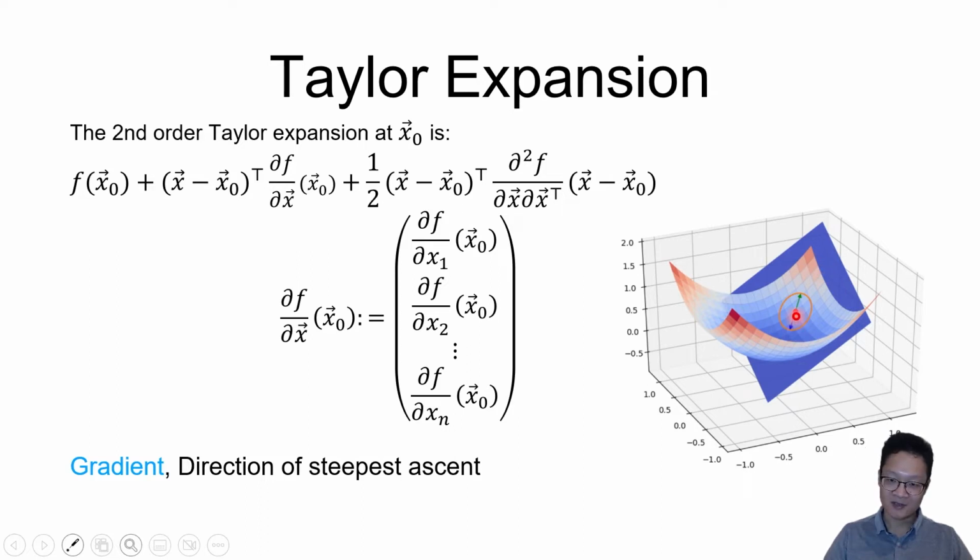Then the direction of the steepest ascent, the direction that the function is going up the fastest, would be the gradient of f. And behind this bowl-shaped function f, we have the linear approximation, i.e. the first order approximation of f. That's just the plane with the gradient matching this point, and also the value matching this point, of course. So the tangent plane.